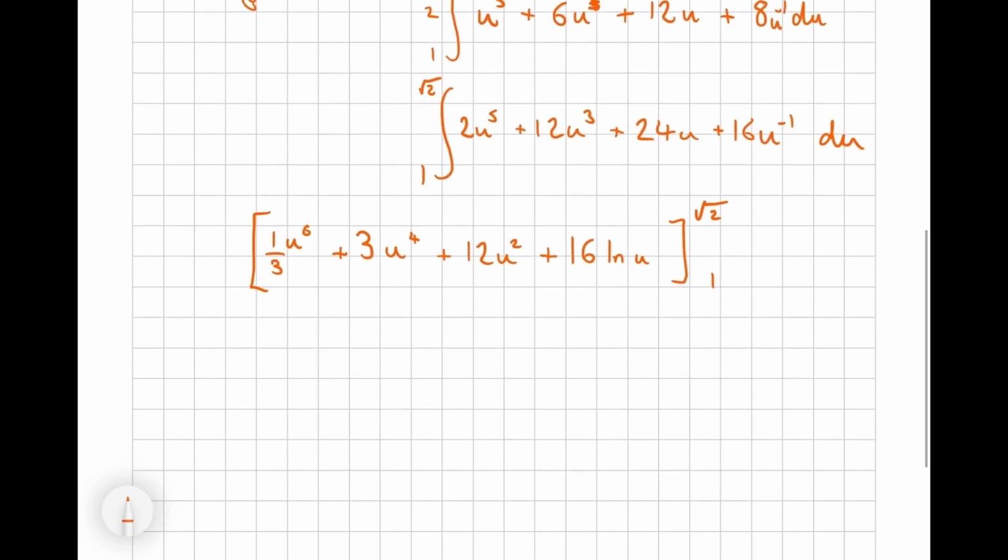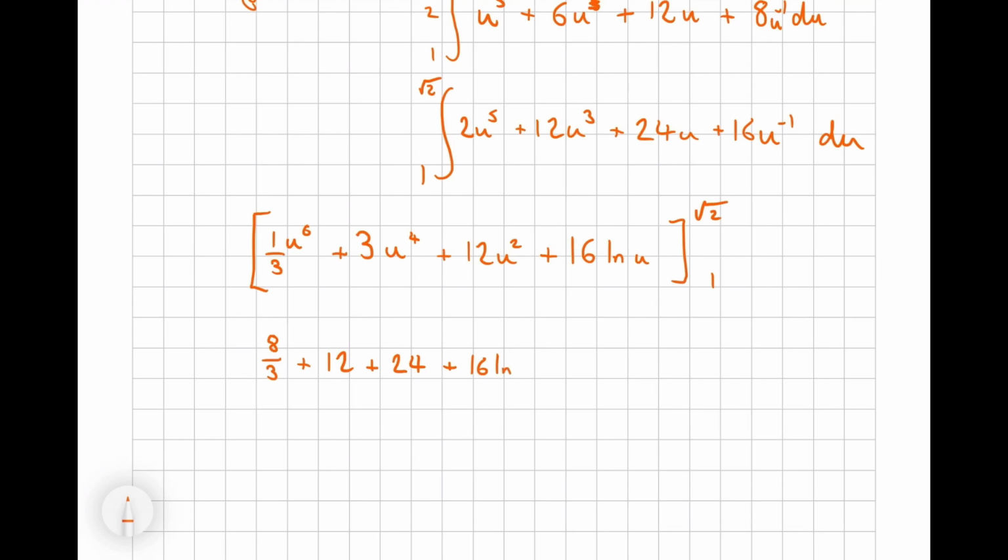So now we're going to substitute these in. If I've got root 2 times root 2 times root 2 times 6 times a third, that is just 2 cubed, which is 8. So I have 8 over 3. And then I've got u to the power 4, which is the same as 2 squared. So that would be 12. 12 times 2 is 24, and then 16 ln u is 16 ln root 2.